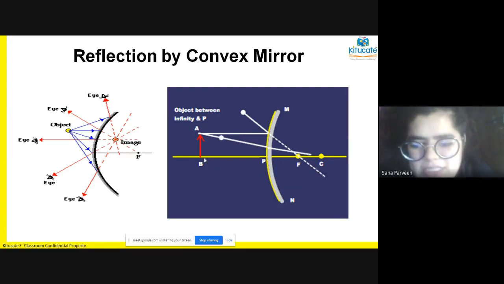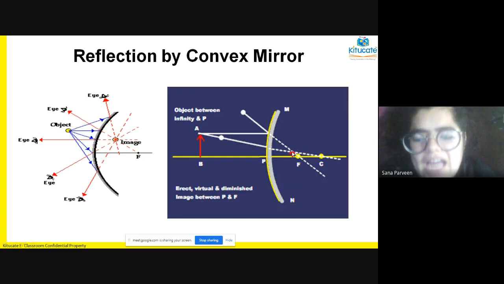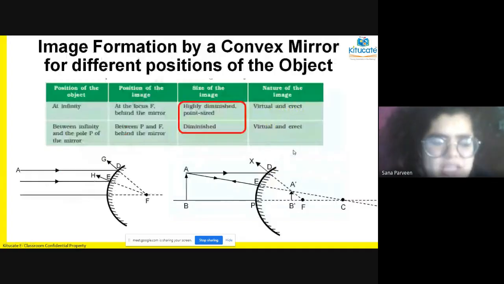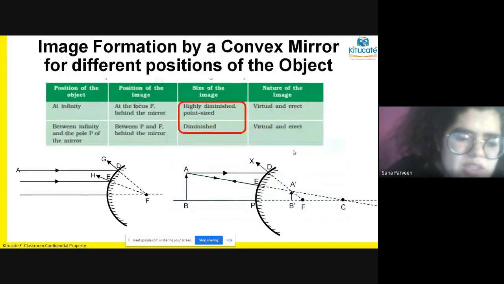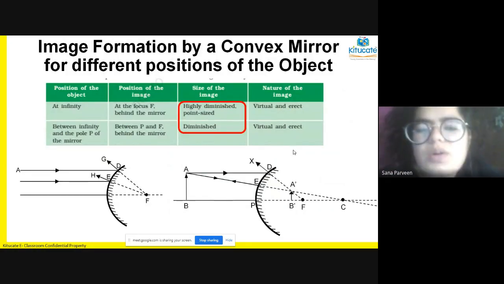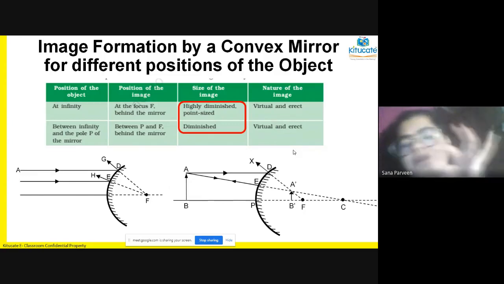This is the size of the image, this is the size of the object, and the image is erect, virtual and diminished. Erect means straight, virtual not in real, and diminished, smaller in size. Okay, so when you place your object very, very far away, somewhere on earth, the size of the image is going to be highly diminished and it is going to be point sized.